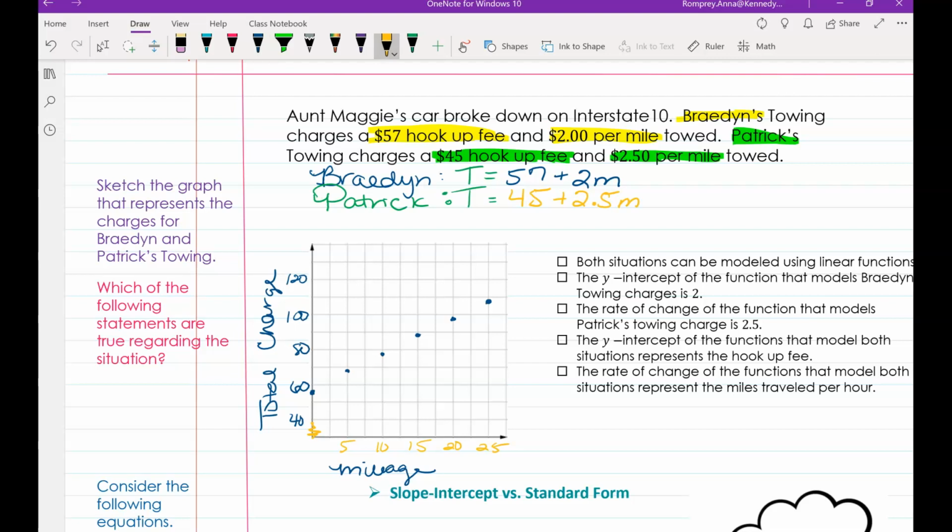So then Patrick only starts at 45, but is growing at $12.50. So that's going to go up to, so 5, so $52.50.